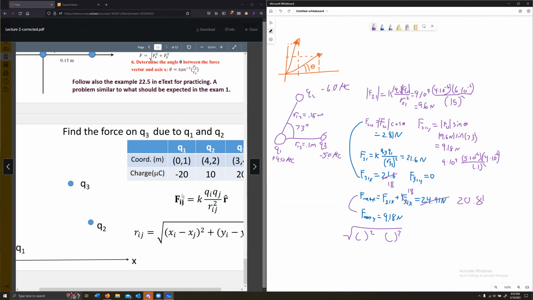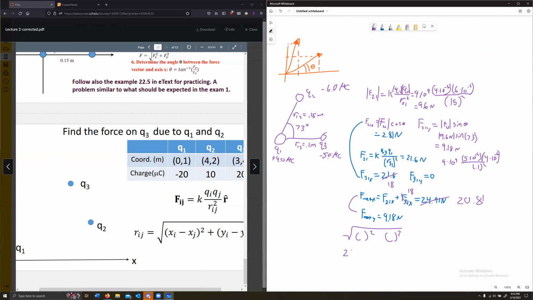And then for your net, did you get like 22.7? For the net magnitude? Yes. Here, let me work it out. Let's see. So if I got 20.81 squared plus net y 9.18 squared, 22.74.